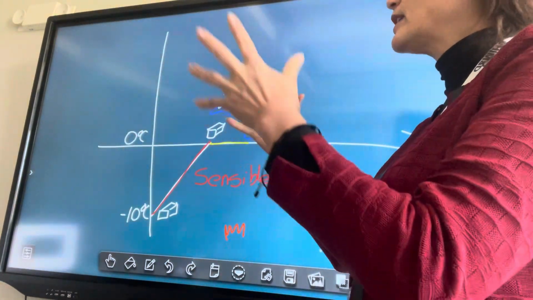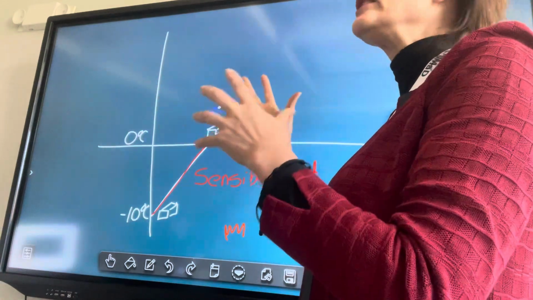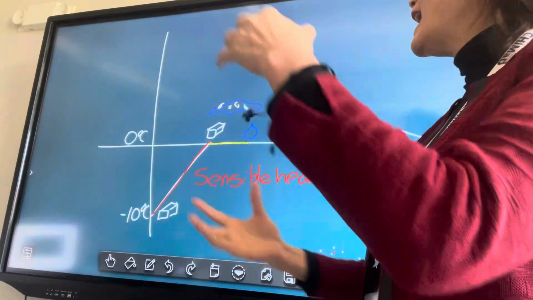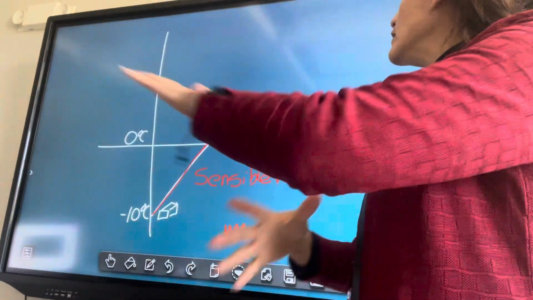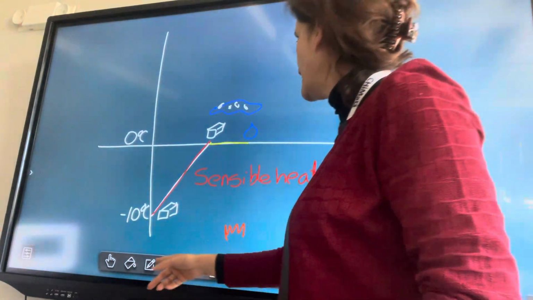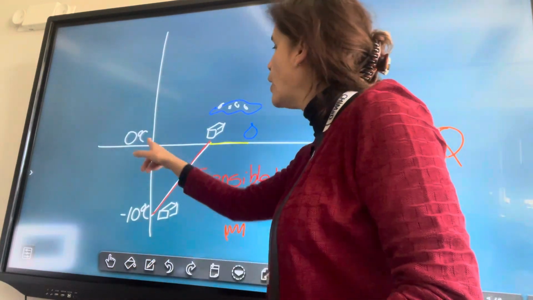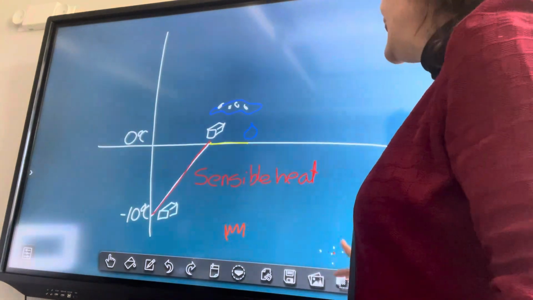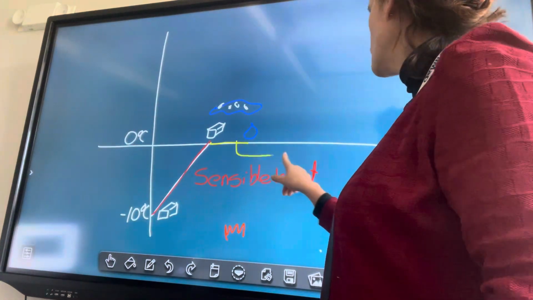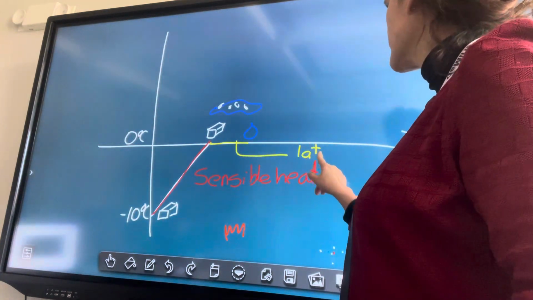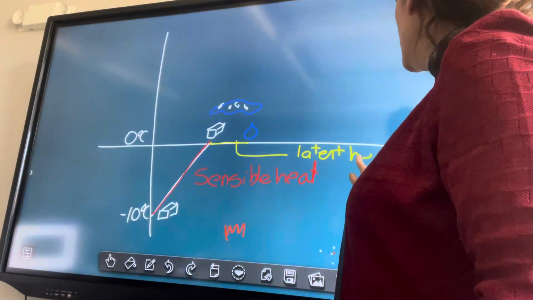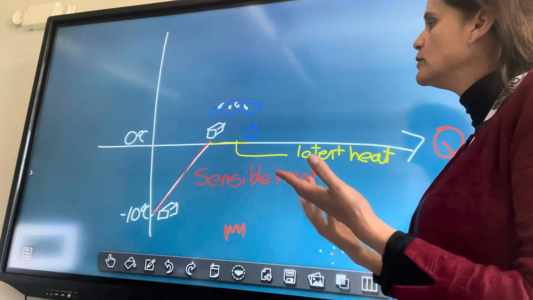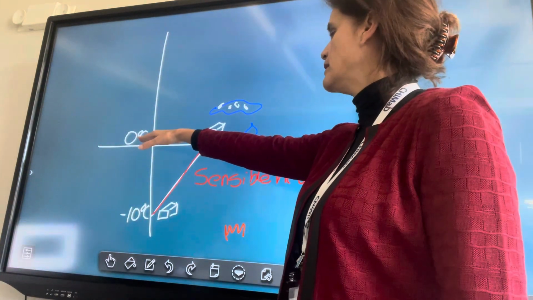Then we start adding heat, and the rigid bonds loosen and loosen until they have enough energy to flow and behave like liquid water. Because we don't see a temperature change, we call this latent heat, which literally means hidden heat, because we don't observe a change in temperature.